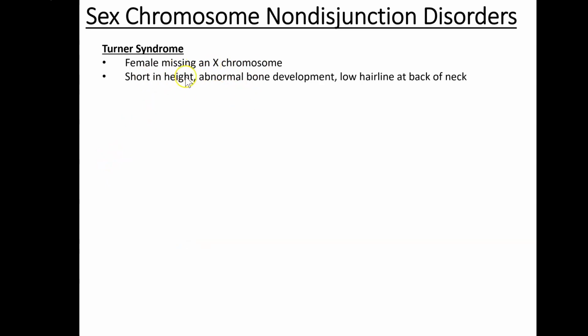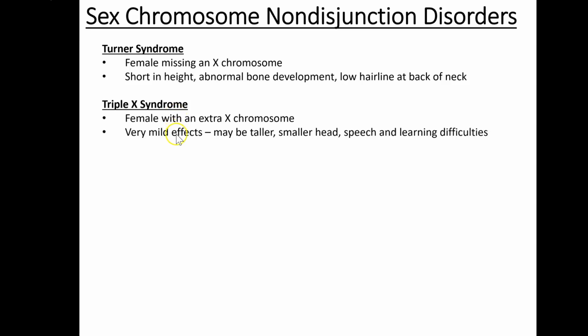These females are usually short in height, with abnormal bone development and a low hairline at the back of the neck. Then there's triple X, where the female has an extra X chromosome, with very mild effects. She might be taller, have a smaller head, and have speech and learning difficulties, but not extreme ones.